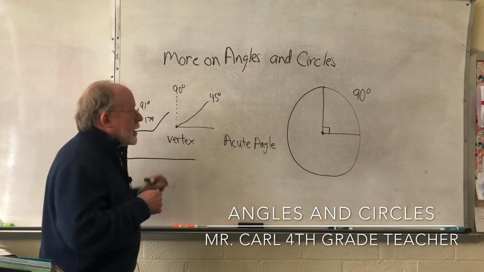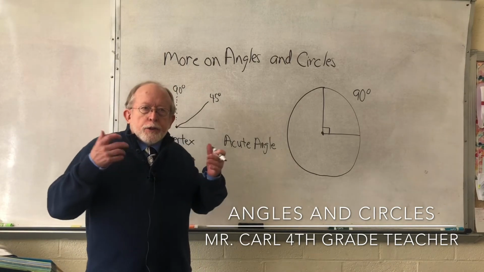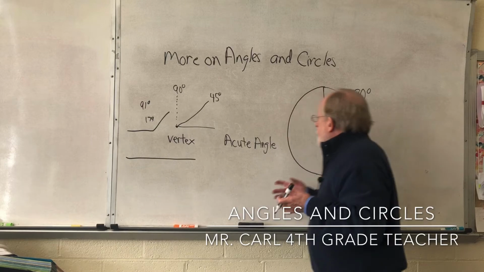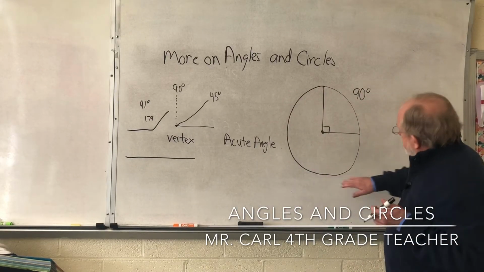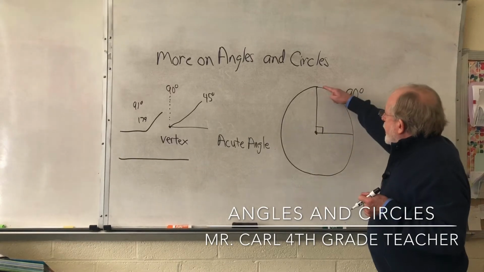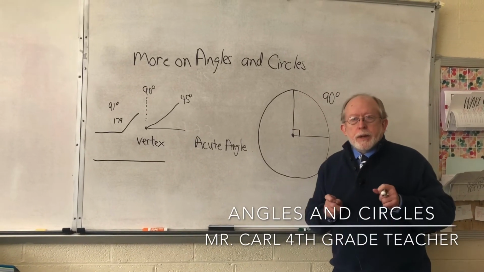Now, one of the things that's maybe helpful in being able to illustrate angles is if you put them in a circle. So right here we have a circle, or that's as much of a circle as I can make with marker, and we have the 90-degree angle right here in the middle. But here's some more detail about that.